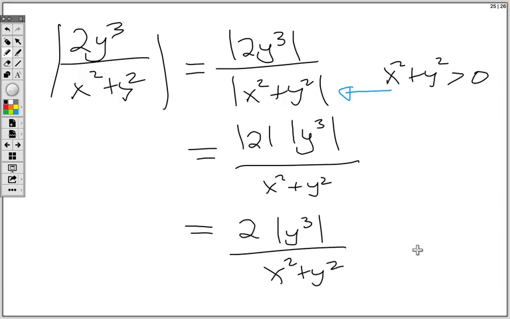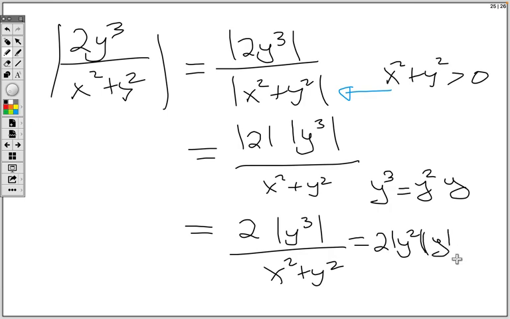And I don't need absolute values around all of the y cubed. I can write y cubed as y squared times y, and use the product rule. Then I can drop the absolute values around the y squared, because y squared is always positive.